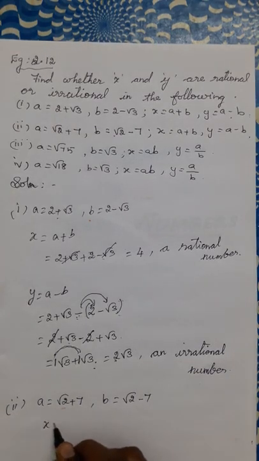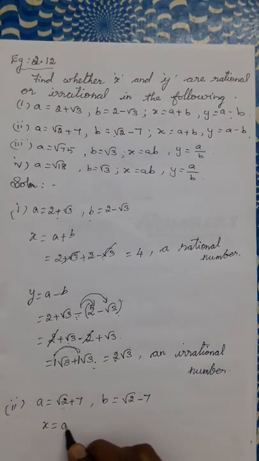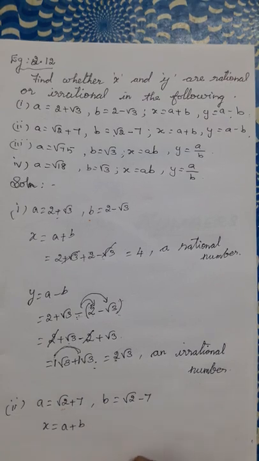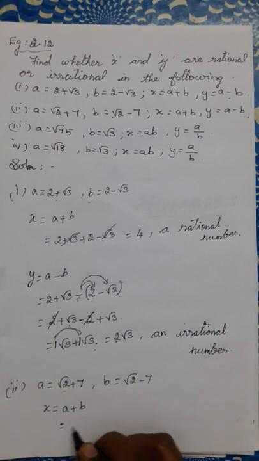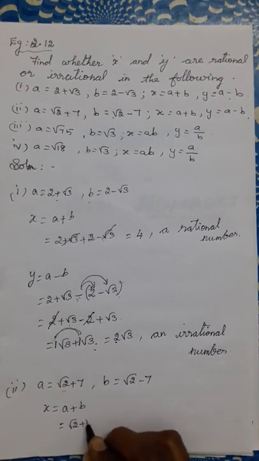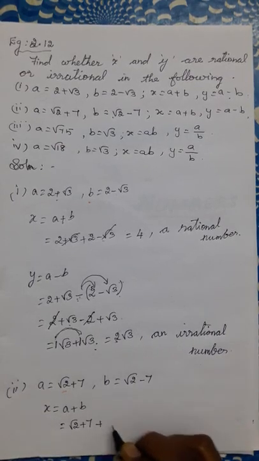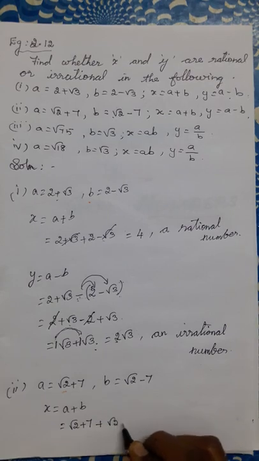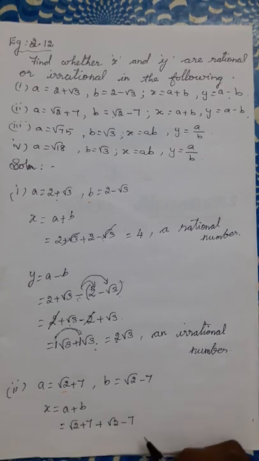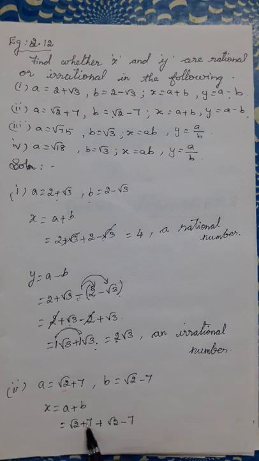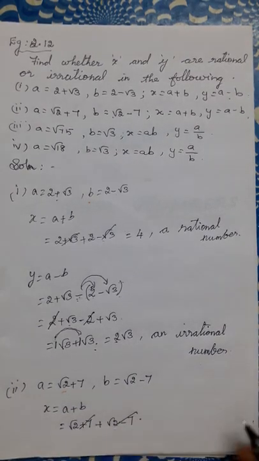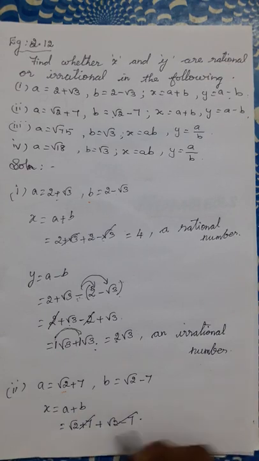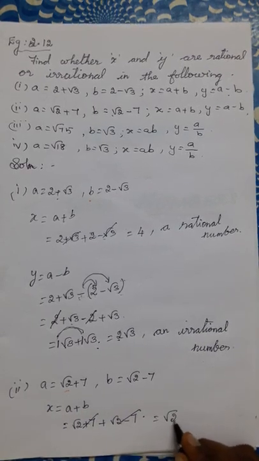First we have to find x. What is x? A plus b. A is root 2 plus 7, b is root 2 minus 7. Can we cancel anything? Yeah, plus 7 minus 7, so 0. Remaining root 2 plus root 2.